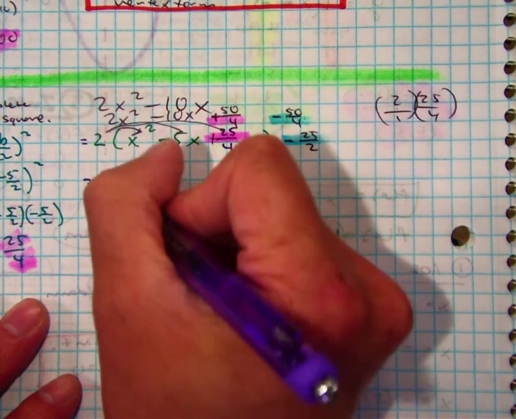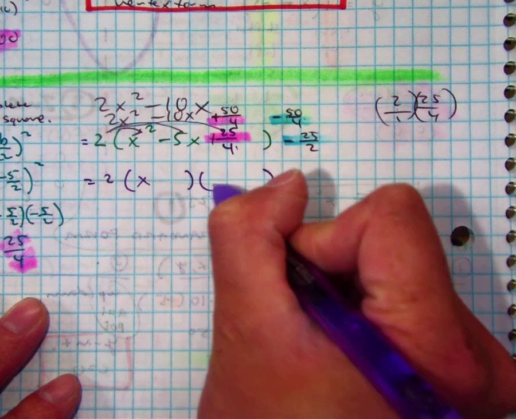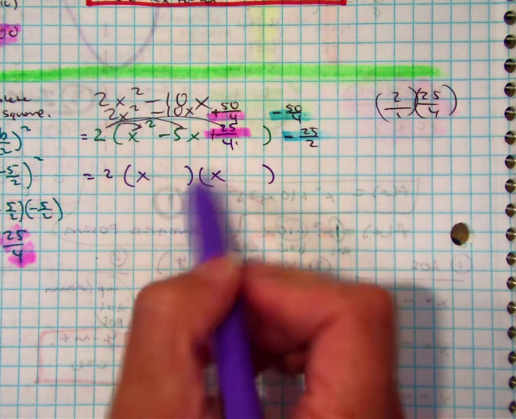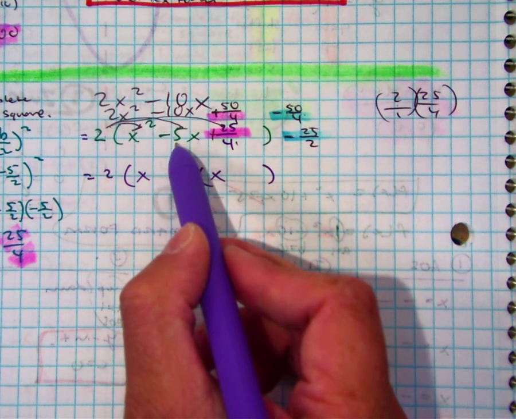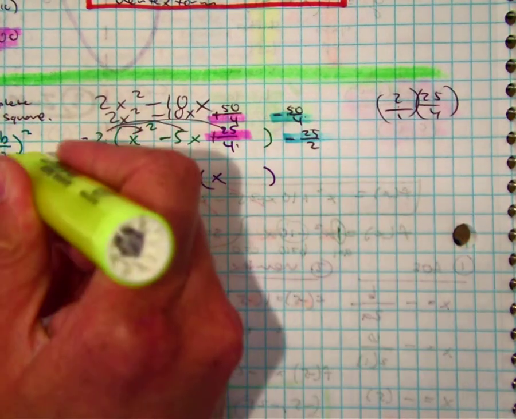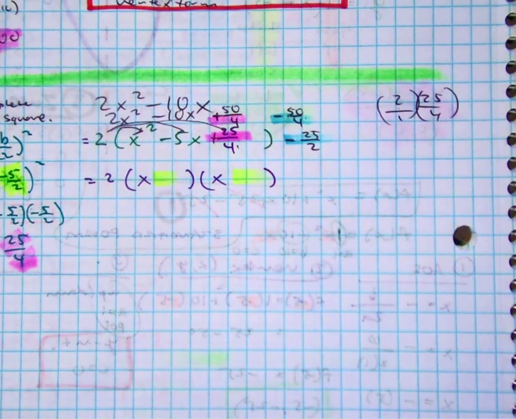And so now I can factor this. I need 2 identical numbers that when I multiply them together equal 25 over 4, but when I add them together equal negative 5. Well, actually, you already did all the hard work. Your answer is actually what you wrote over here, which is how much?